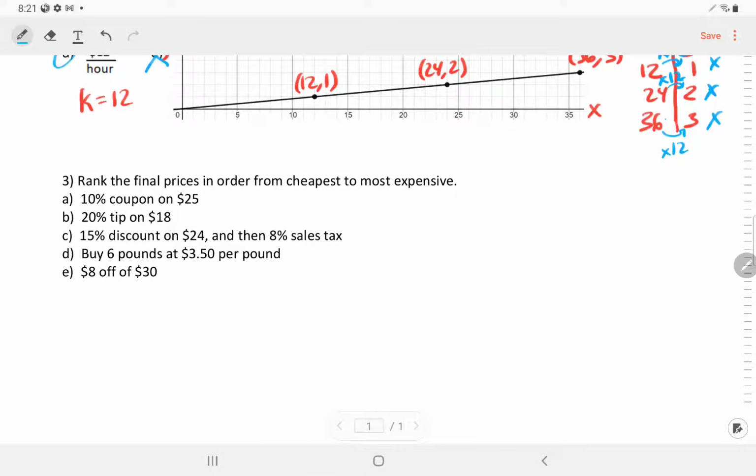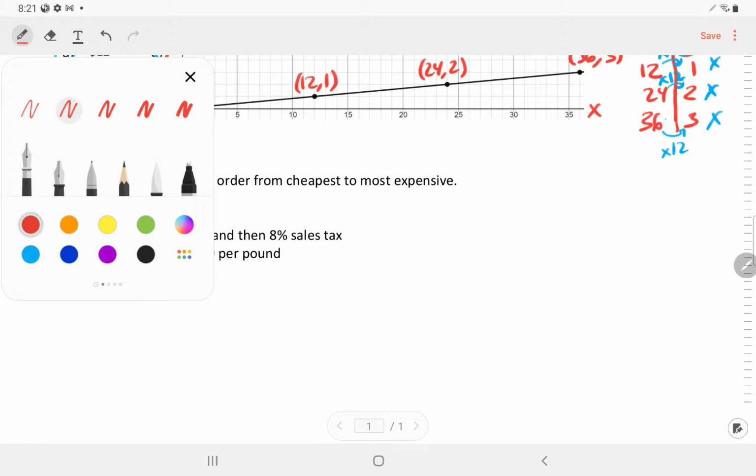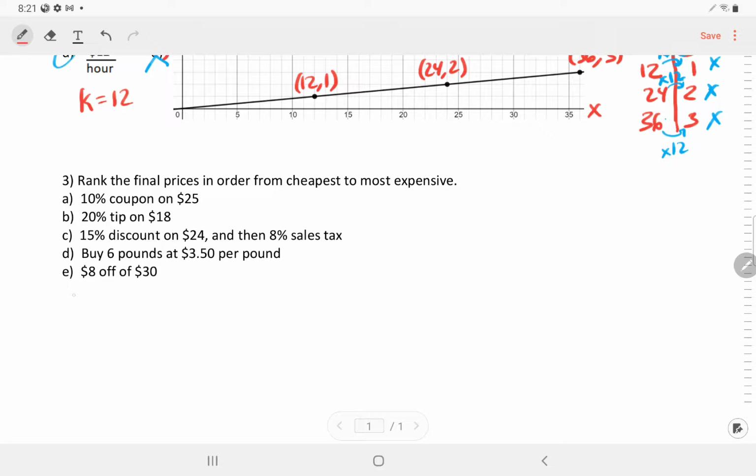Lastly, for number 3, rank the final prices in order from cheapest to most expensive. Okay, so to do this problem, we'll need to write down how to figure out the answer for each one. So for A, we can write it as 10% coupon on $25. So a coupon means the price will become cheaper.